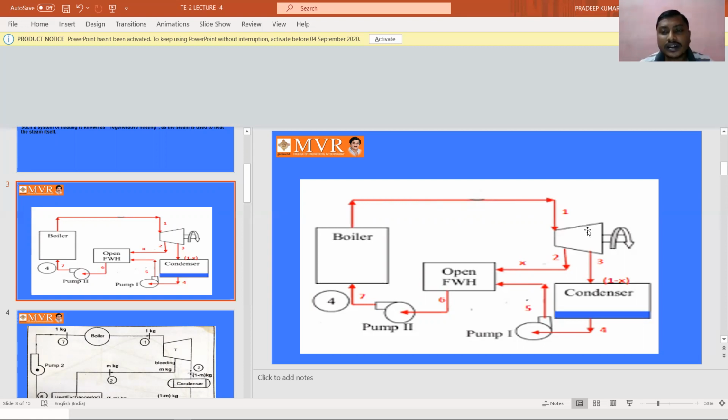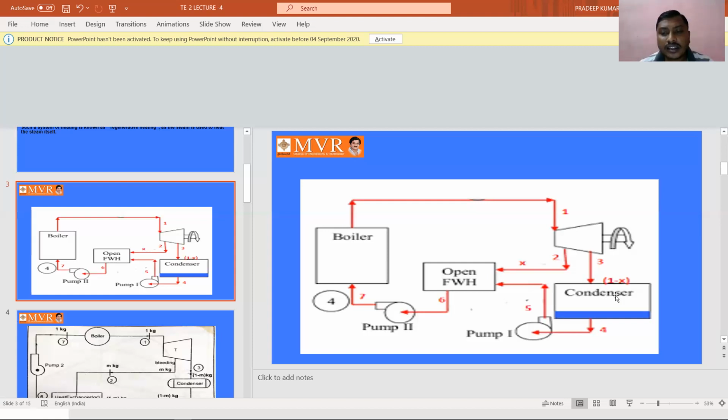which has entered the turbine, expands isentropically in the turbine, and after expanding it leaves to the condenser with low pressure and low temperature.